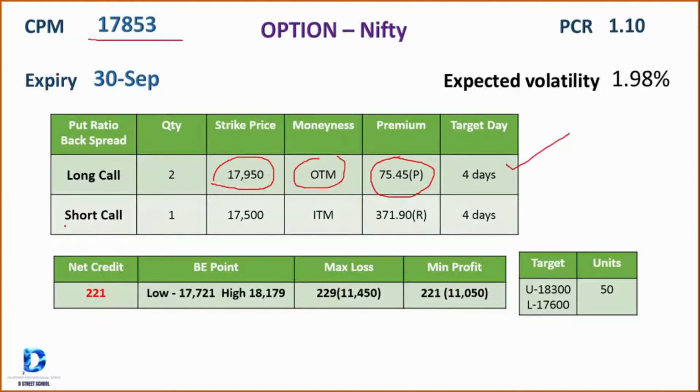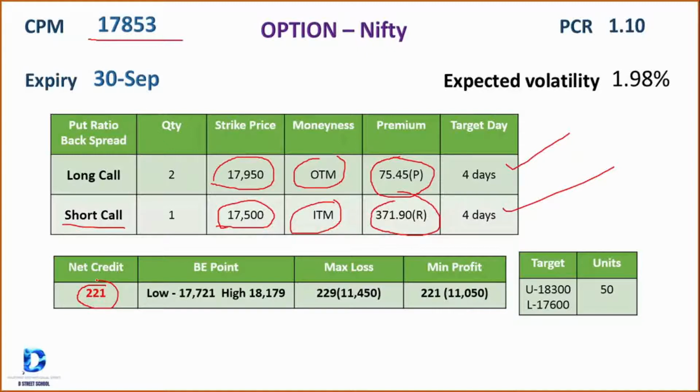We'll be initiating one short call at the level of 17,500. That's in the money. We will be receiving a premium of 371 rupees 90 paise. The target would be 4 days. So our net credit would be 221 rupees.